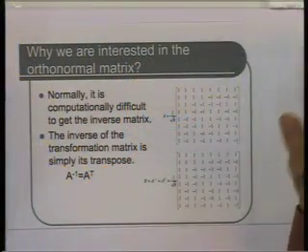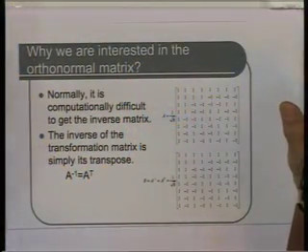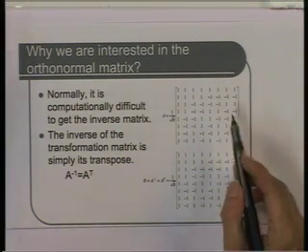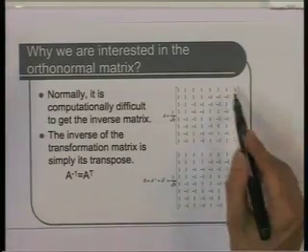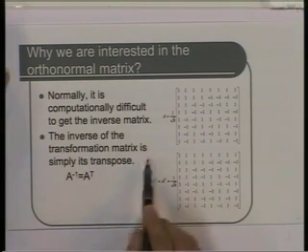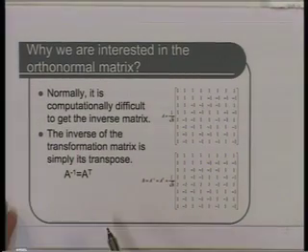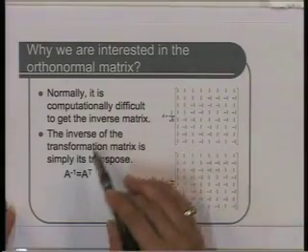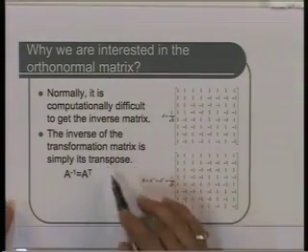Now, another reason for choosing an orthonormal matrix is explained in this slide. If we use a linear transform, then in principle its inverse can be obtained, but normally it is computationally difficult to get the inverse matrix. But if the transform matrix is orthonormal, then the inverse of the transformation matrix is simply its transpose, and therefore this has an advantage from the implementation point of view, because the decoder is also a linear transform.